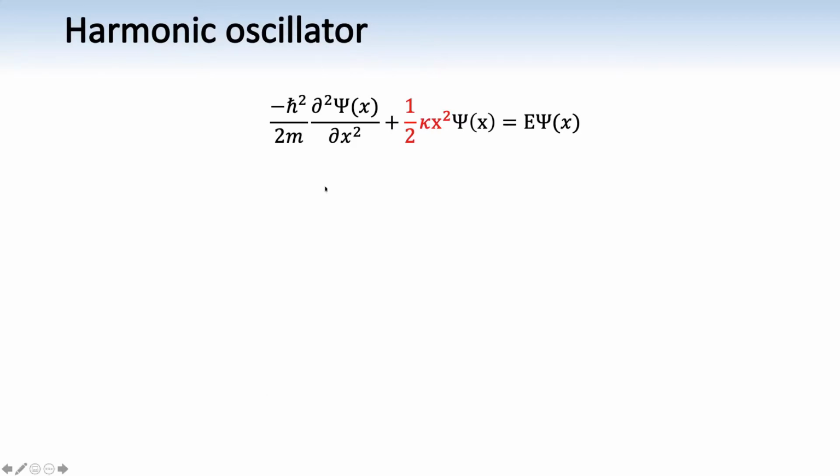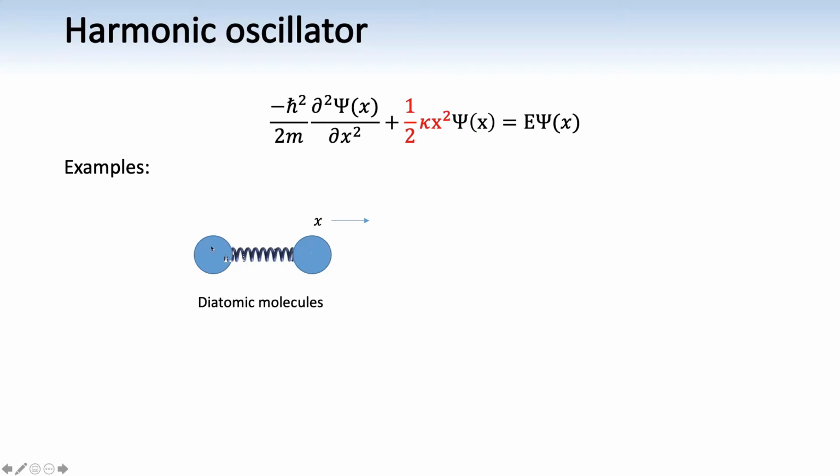Okay, so here is the Schrödinger equation. And this applies to, as I said, many different cases. For instance, a diatomic molecule is represented, of course, by two atoms, all right? And as we will see, the potential between the two atoms can be approximated as a harmonic oscillator potential.